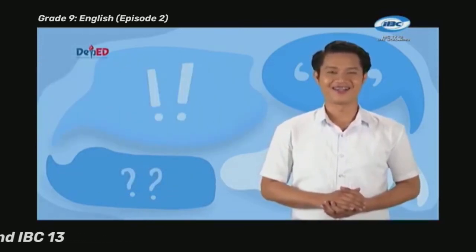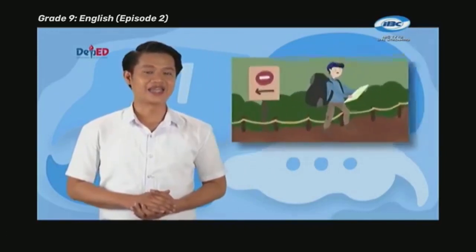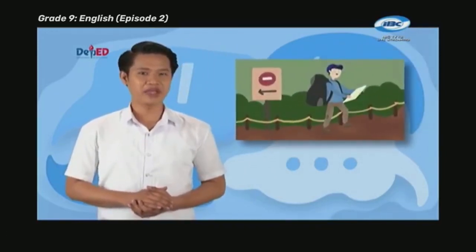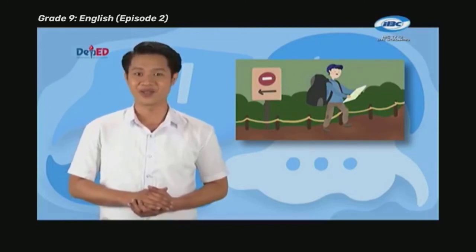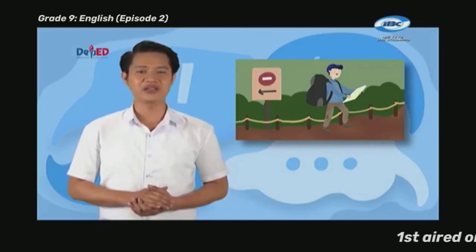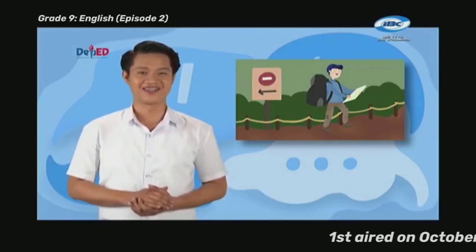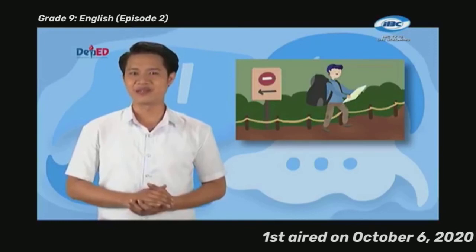Here's another. This guy is a trekking guide, making sure that people will not go to the prohibited locations in the trail. It is against the law to go beyond certain parts of the mountain. What did he say to the tourists?